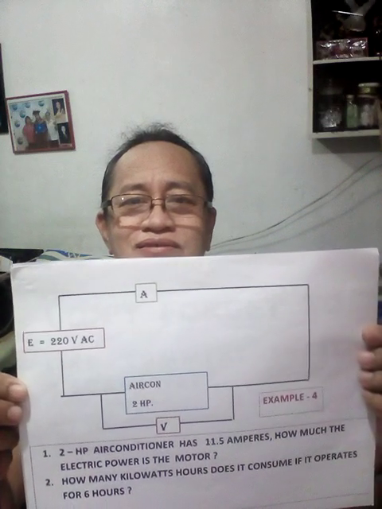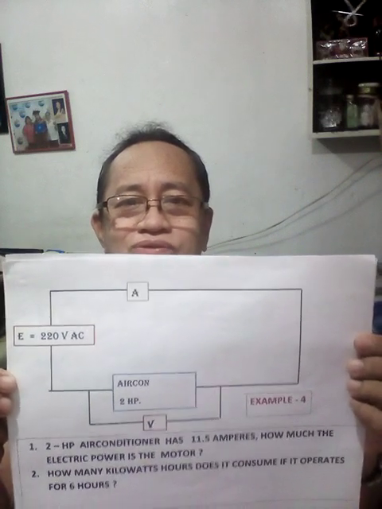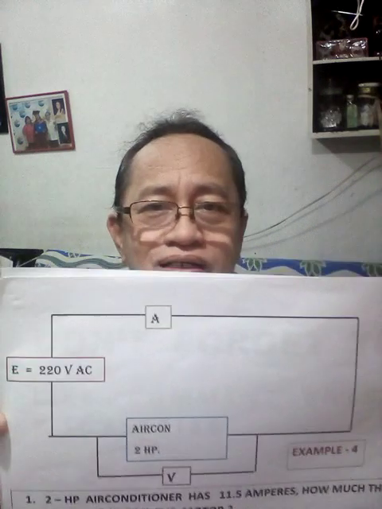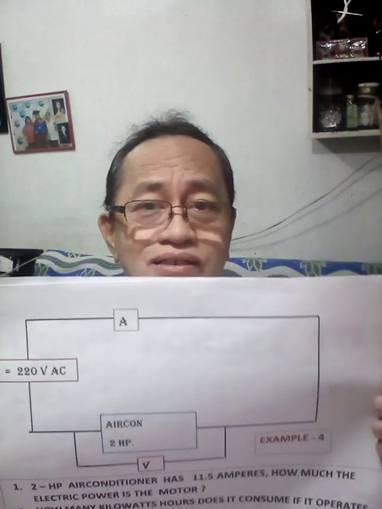So, pakita ko ulit sa inyo ang simple circuit natin sa load nating 2 horsepower na aircon. Sana may naintindihan kayo dito sa example natin sa aircon. Pagkuha ng power through motor efficiency, and then yung konsumo natin within 6 hours, how much ang makukonsumo natin per day, until yung 31 days na makukonsumo natin, na babayaran natin, idadagdag sa electric bill natin.